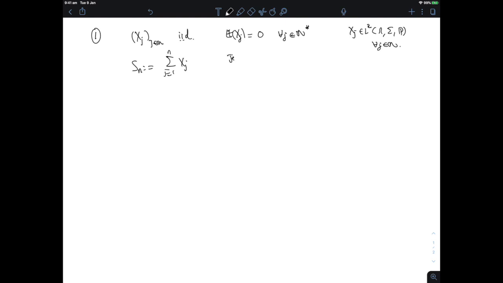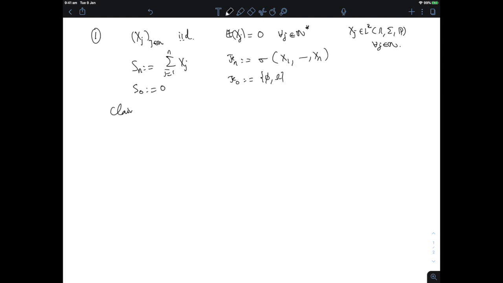And I'm going to define my filtration Fn as being the sigma algebra, so Fn, the nth element of my filtration, is the sigma algebra generated by the first n of those IID random variables. Okay, and for the sake of initializing this whole thing, I'm going to put S naught to be 0, and I'm going to define F naught to be the trivial sigma algebra.